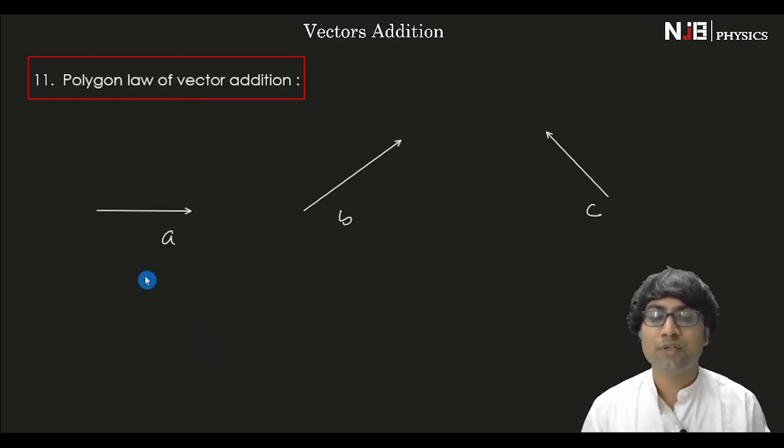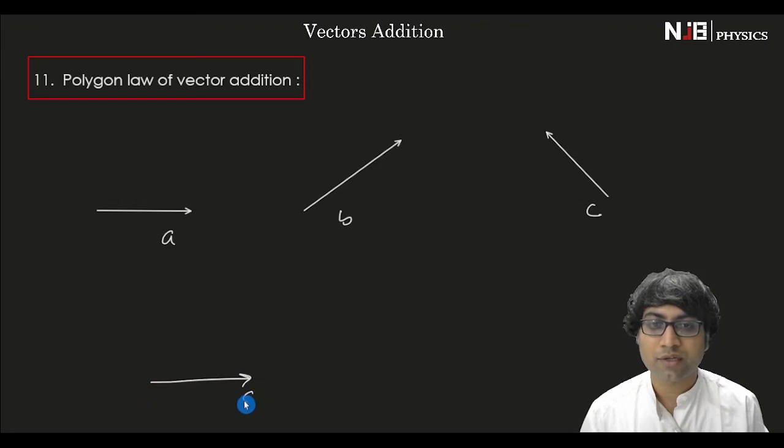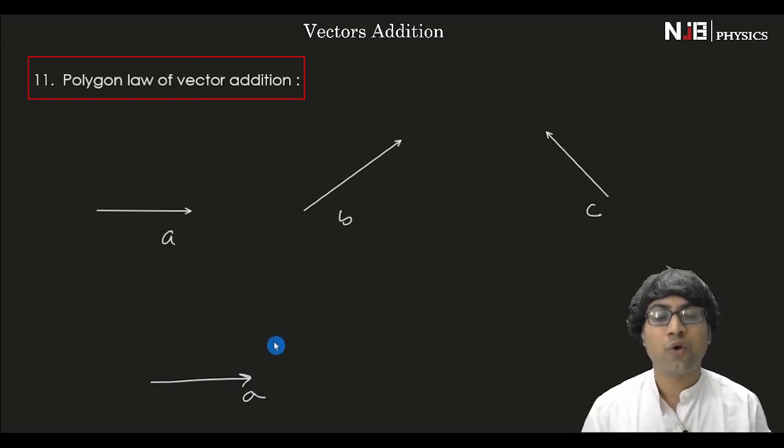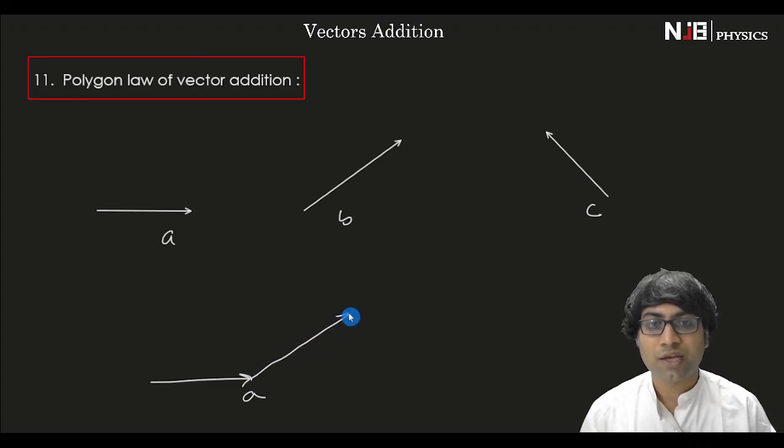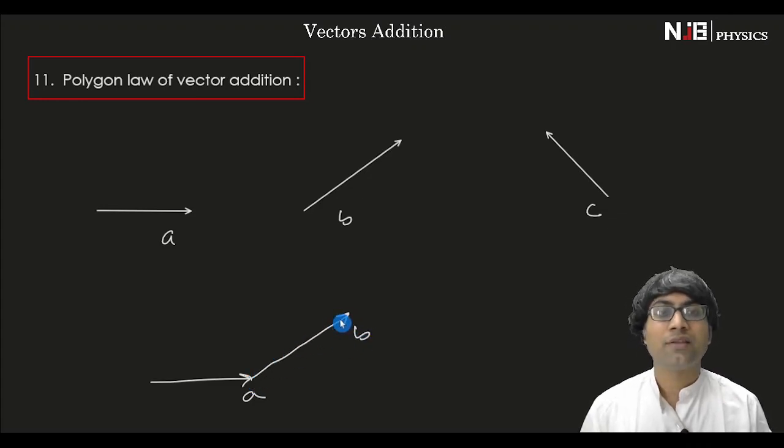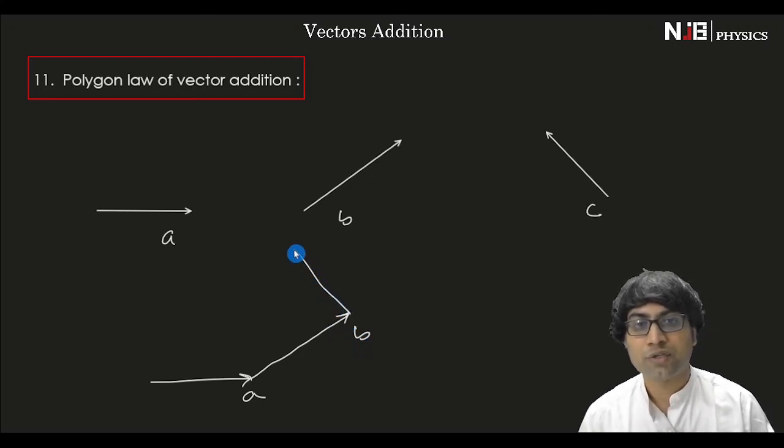first of all we will draw the first vector. The first vector is this vector, which is a vector. The second vector will start from where the first vector has ended. Therefore this is going to be the second vector, which is b vector, and the third vector will start from where the second vector has ended, and therefore this is going to be the third vector, which is c vector.